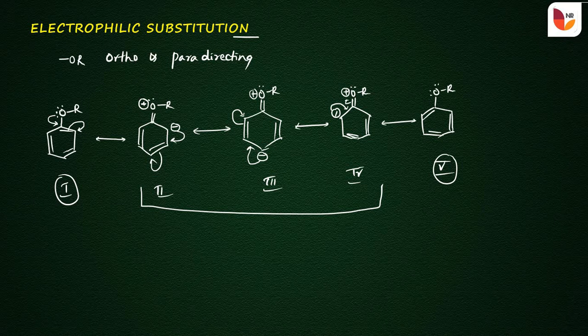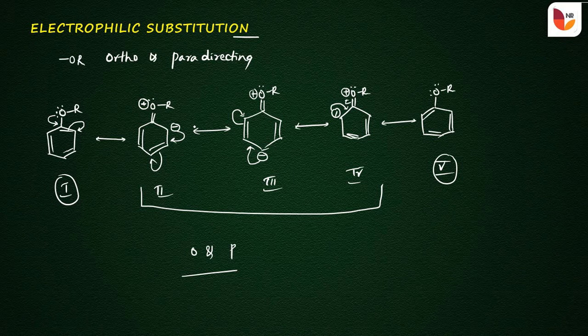That indicates the electron density is more at these positions, that is, more electron density at the ortho and para positions. Therefore, the electrophile preferably attacks these positions, resulting in ortho and para substituted products.